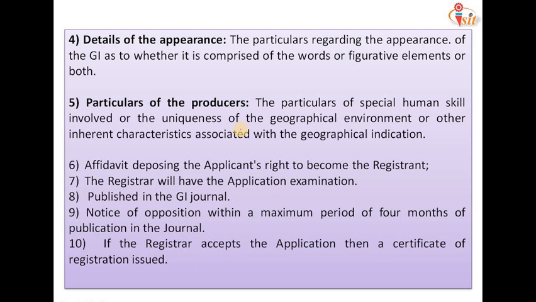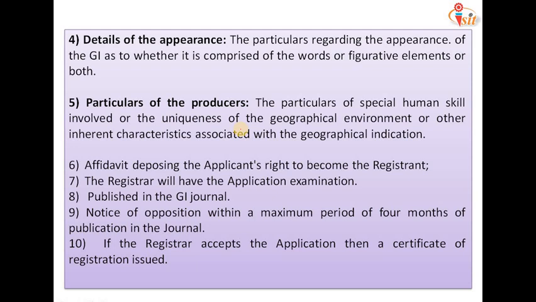The registrar will examine the application, and the application and the product get published. The advertisement is done in the GI journal, and notice of opposition can be given within a maximum period of 4 months from the date of publication in the journal.